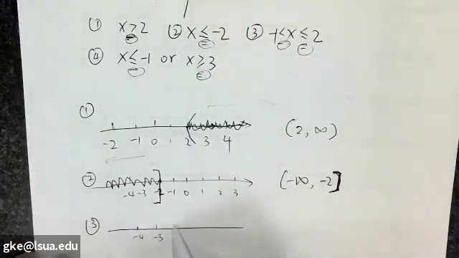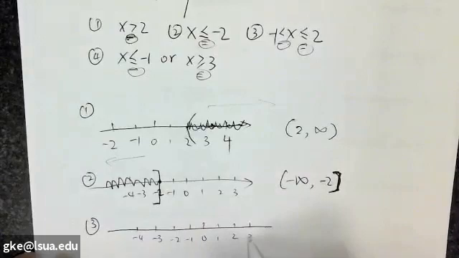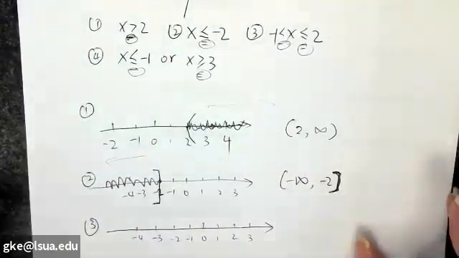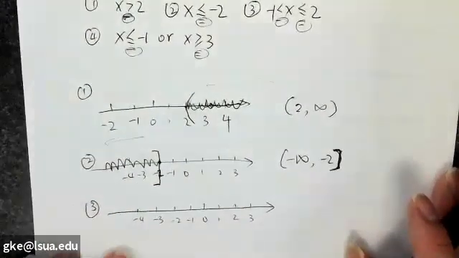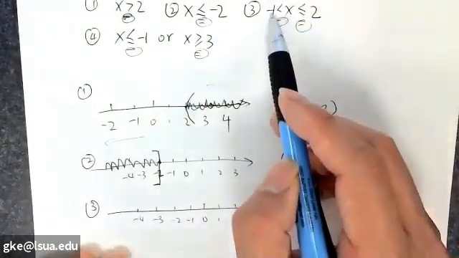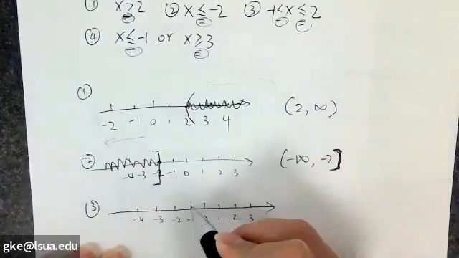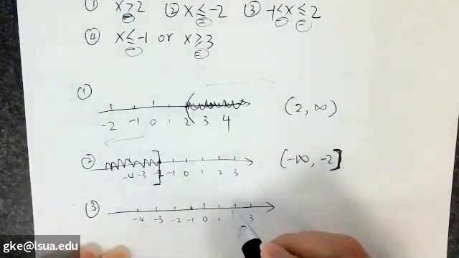Let's try the third one. Here it is greater than -1 and less than or equal to 2.